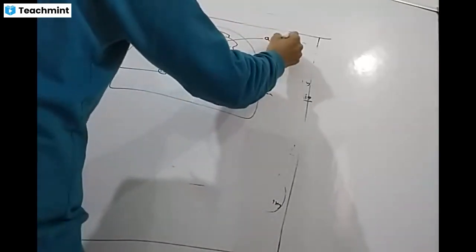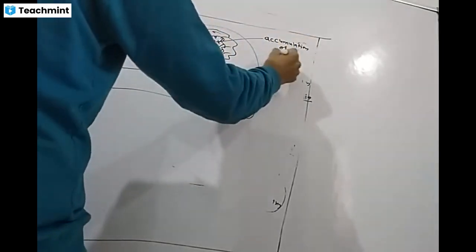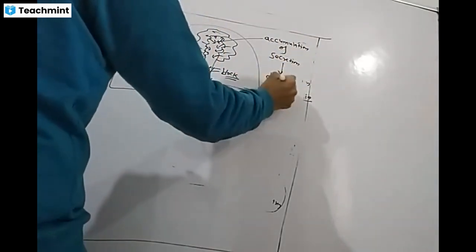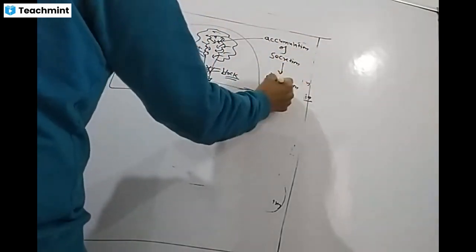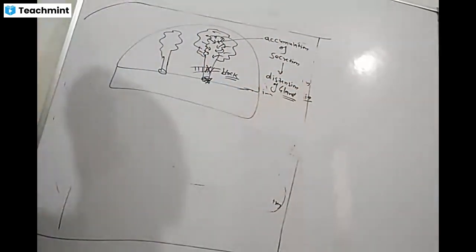That may lead to accumulation of secretion. If this gets accumulated, that may cause distension of the gland itself, swelling of the gland.